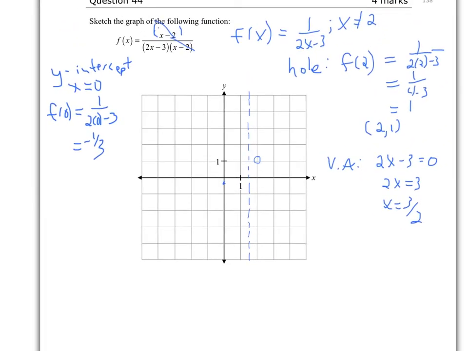Okay, so this graph is a pretty basic one. It's 1 over 2x minus 3, so it's really just a transformation of 1 over x. I'm going to substitute in a few points now and plot those. Just for reference, the 1 over x graph kind of looks like this.